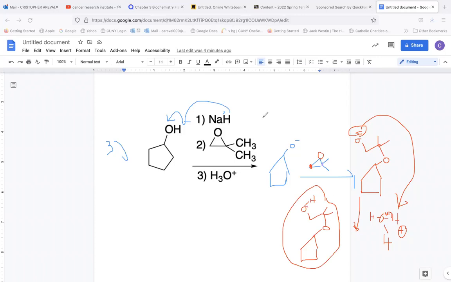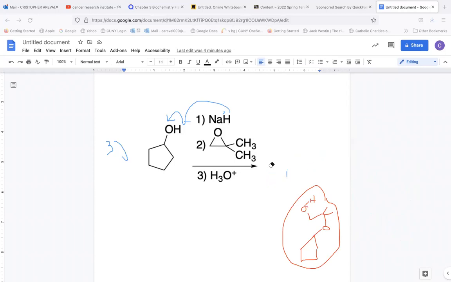Did anyone get that? All right, I have a question. Go ahead. For the 2 methyl groups, why isn't it closer to the top oxygen? What do you mean?